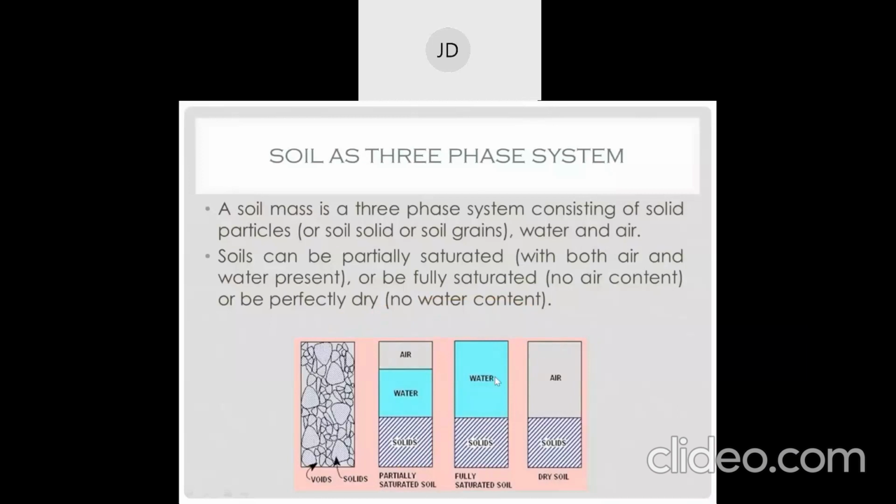Only to understand the soil in a technical way, we have created this tree diagram. Naturally the soil is present in the first way. This is the natural form, and these are representations of the natural form.